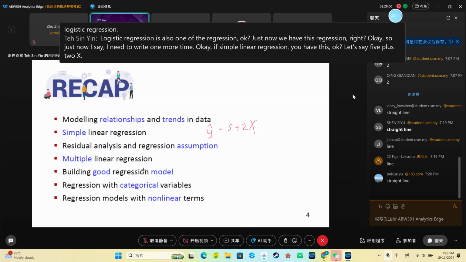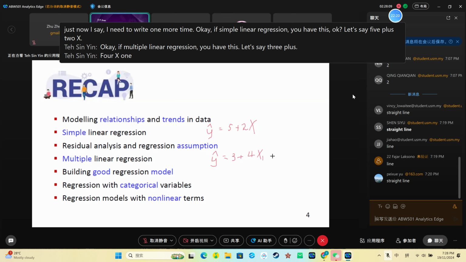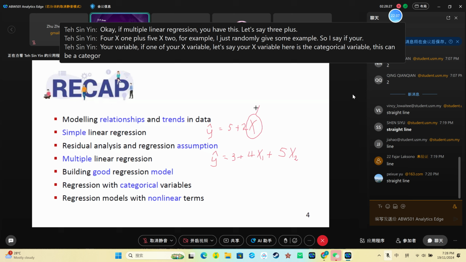If multiple linear regression, you have this, let's say 3 plus 4x1 plus 5x2. I just randomly give some example. If one of your x variables is a categorical variable, then you need to use a dummy variable when you do the analysis.